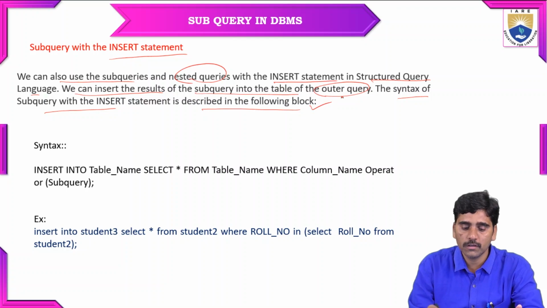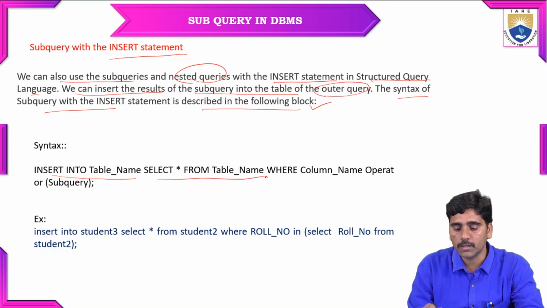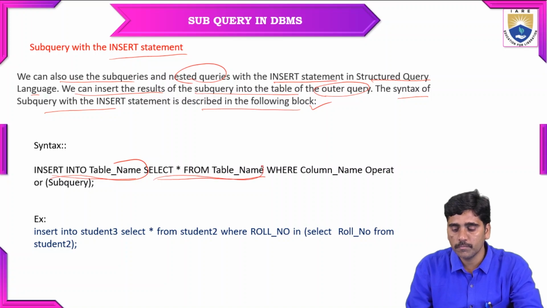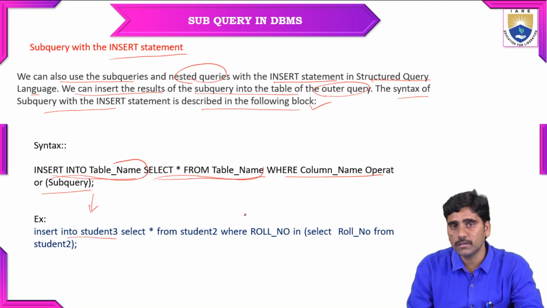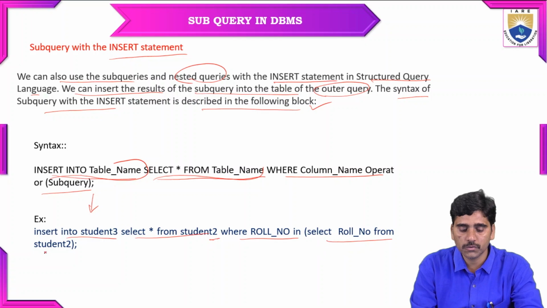So the syntax is: insert into table name, select star from table name. The insert into table name is the first query, and select star from table name is the second query, that is nothing but the subquery, where column name operator subquery. Here we can write insert into student 3 select star from student 2 where roll number in (select roll number from student 2).